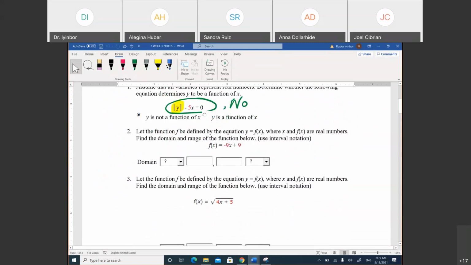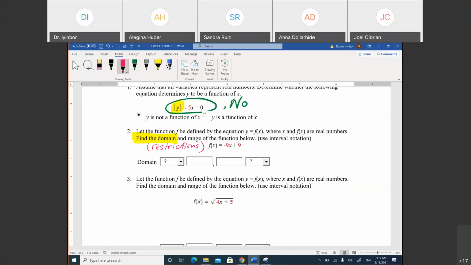So this is what the question is about. Find the domain. Finding the domain is the same as finding the restrictions. Remember, in week 1, we talked about restrictions. So what kind of restrictions do you know?